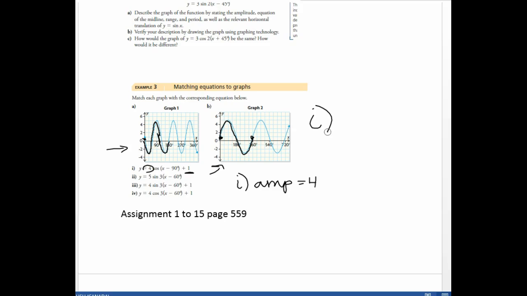Okay, and let's just check the period length on this. This has no number in between there, so the period length should be 2 pi or 360, right? So when I drew this cycle, did it end at 360? Yeah. So 1 should be graph 2.